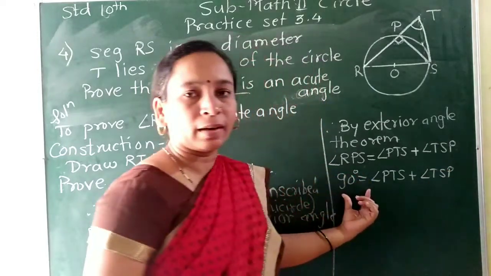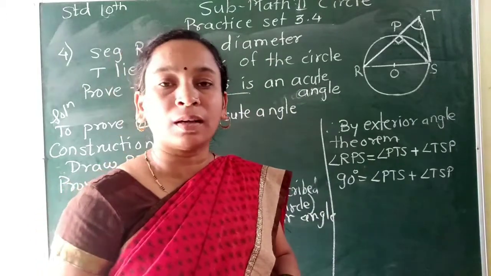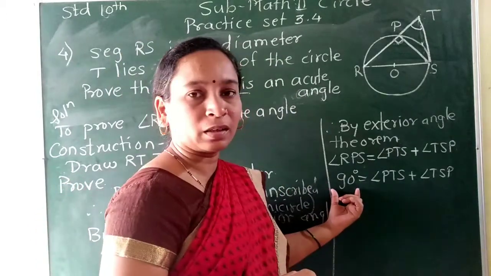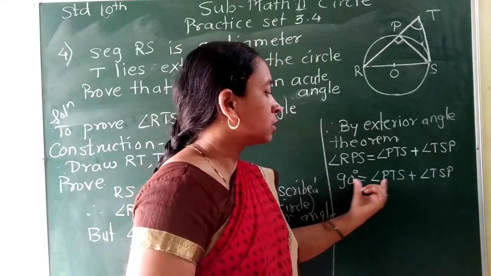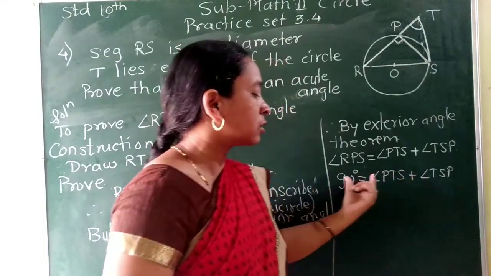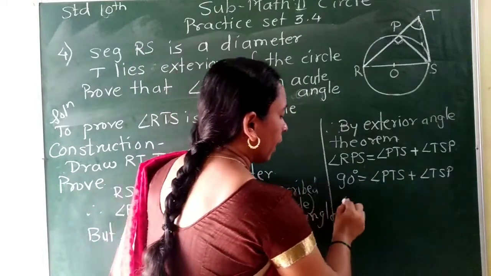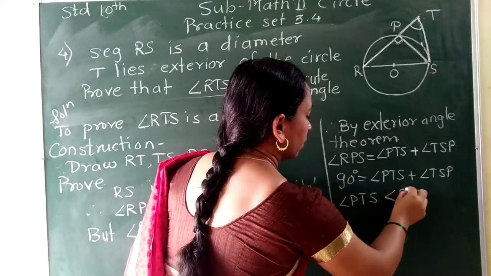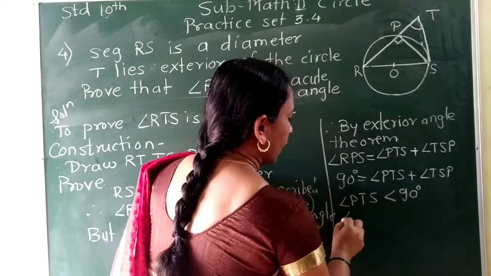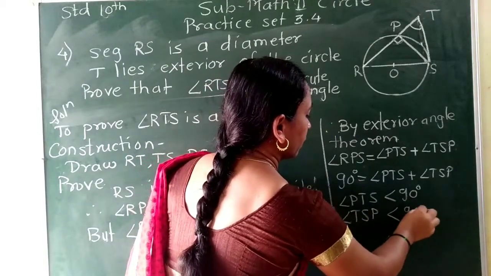What it shows is that if I add these two remote interior angles, I get the total sum of 90 degrees. Of course, these two angles are then smaller than this one. What it implies is that angle PTS is smaller than 90 degrees and angle TSP is also smaller than 90 degrees.